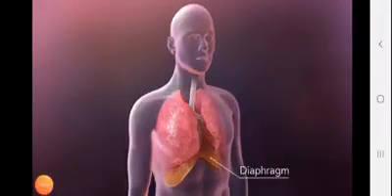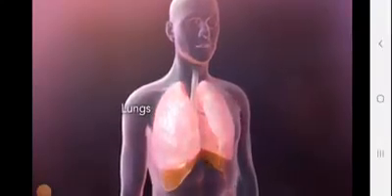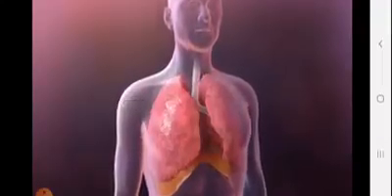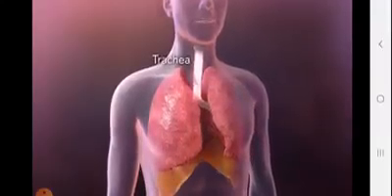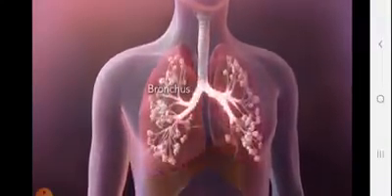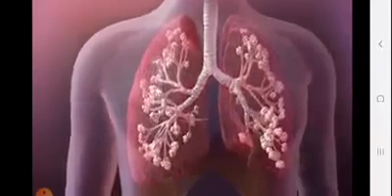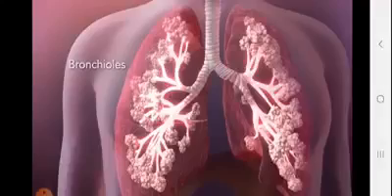Cystic fibrosis, or CF, is a genetic disease that affects multiple organs, including your lungs, and limits your ability to breathe over time. Your main airway, called the trachea, branches into each of your lungs. The largest airway within each lung is called a bronchus, and each bronchus branches into smaller airways called bronchioles.